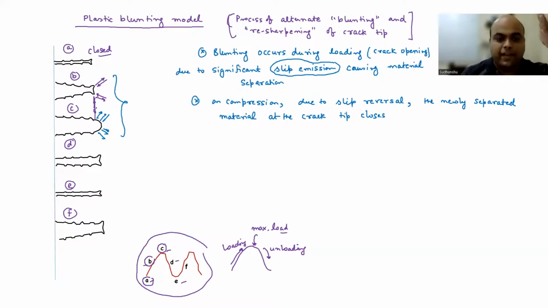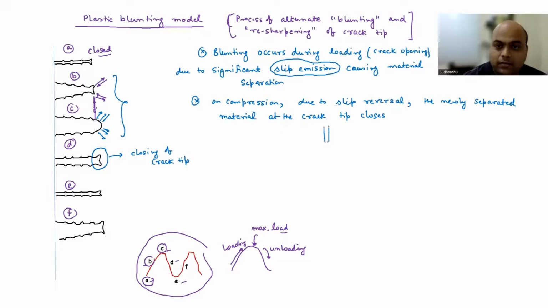So while unloading, because of the slip reversal, you are going to see the closing of the crack tip. See here, this is where closing starts, and that is point D. As you move further down to the minimum load, the crack has closed, and the crack is now again resharpened. So you first blunted the crack at point C, which is the maximum load. And while coming back during unloading, you are resharpening the crack, which is point E in a fatigue cycle.